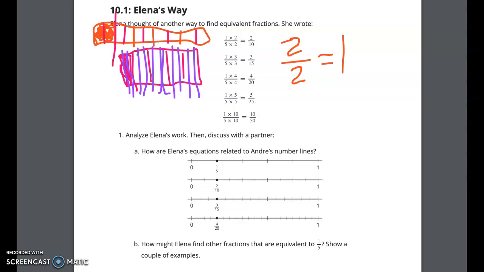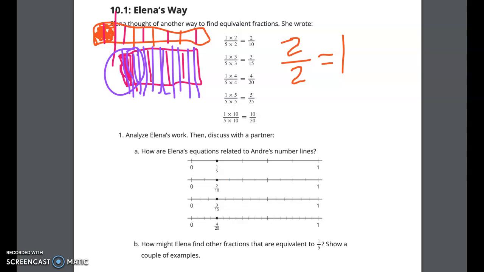This is 3 pieces because it was 1/5, but then we cut each fifth piece into 3 pieces more. So we have really tiny pieces, but we have more pieces.